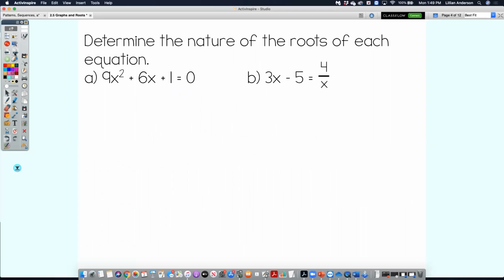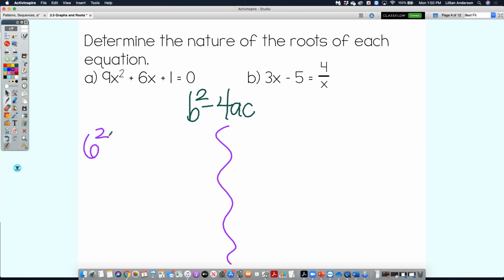So we're going to determine the nature of the roots for each of the equations using b squared minus 4ac. Since the discriminant is b squared minus 4ac, we need to identify what is a, what is b, and what is c, so that way we can determine the nature of these roots. What is b? 6. What is a? 9.